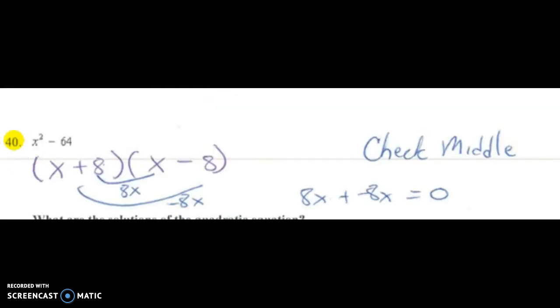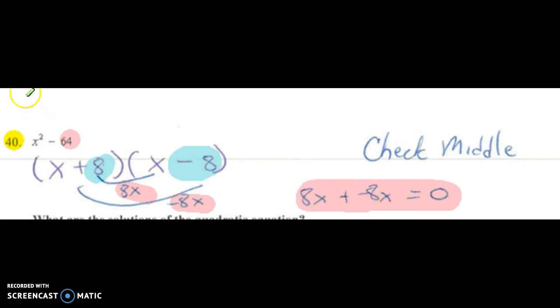In problem number 40, I want two factors that multiply to -64, and 0 is the middle term. So I am going to try +8 and -8 when I check my middle here. So I have 8x and -8x. That gives me 0.